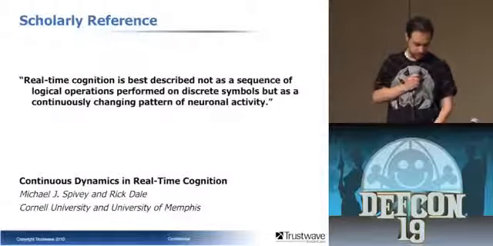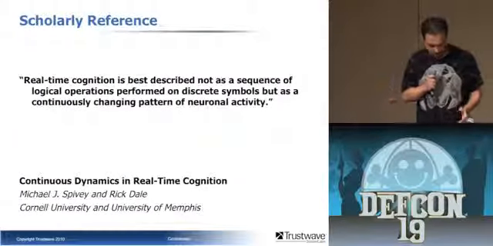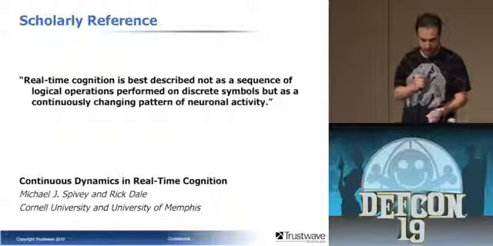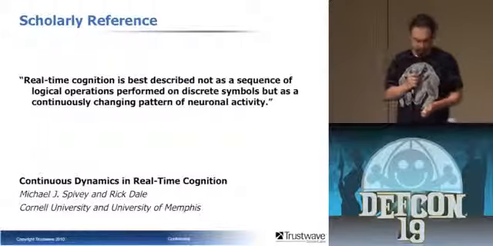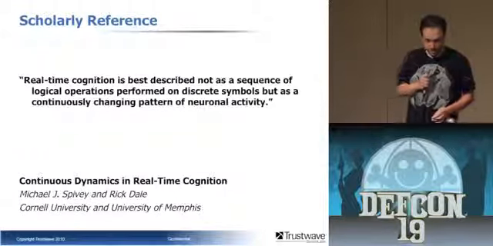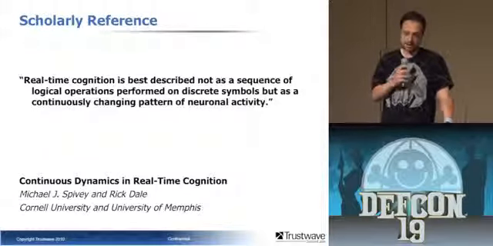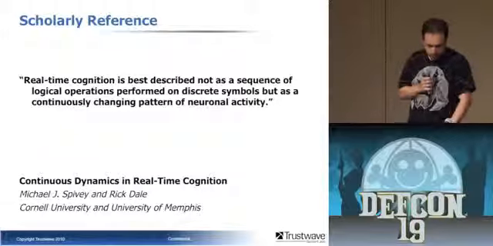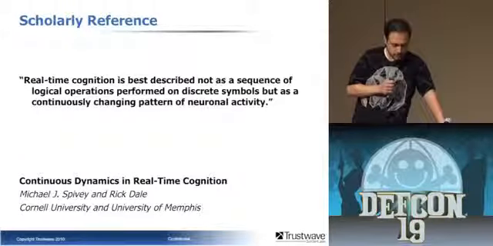Here's the scholarly reference that I think means what I think I'm talking about: real-time cognition is best described not as a sequence of logical operations performed on discrete symbols, but as a continuously changing pattern of neuronal activity. That's Michael Spivey and Rick Dale of Cornell University and the University of Memphis.